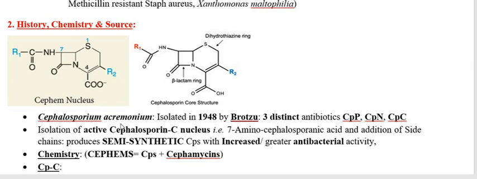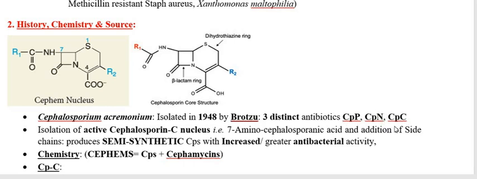From Cephalosporium acremonium three types of antibiotics were isolated: cephalosporin P, cephalosporin N, and cephalosporin C.